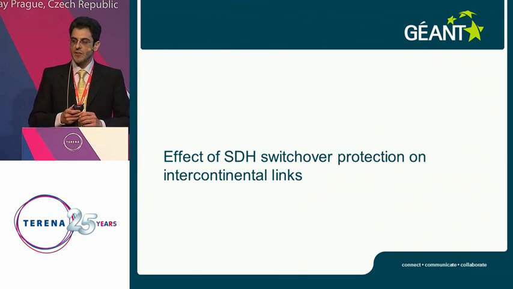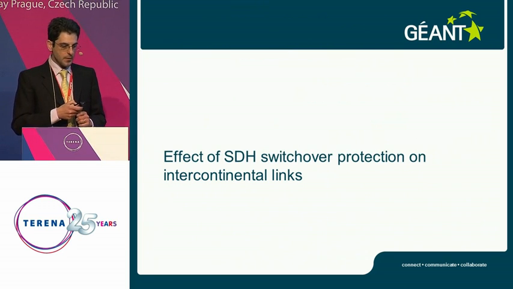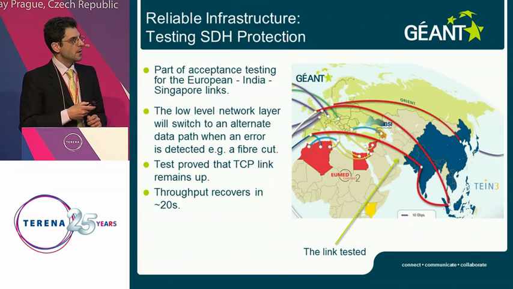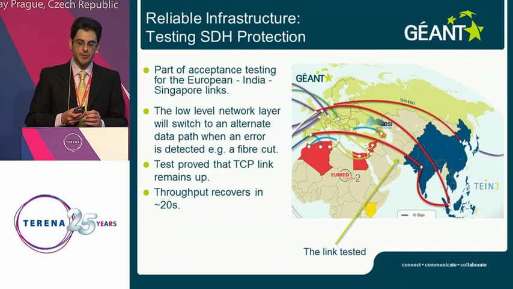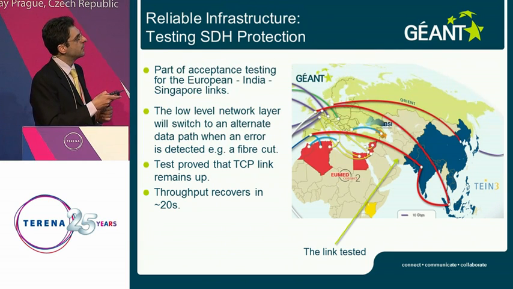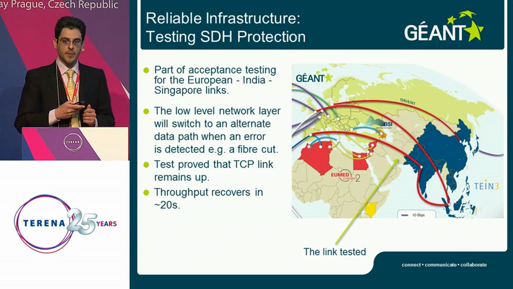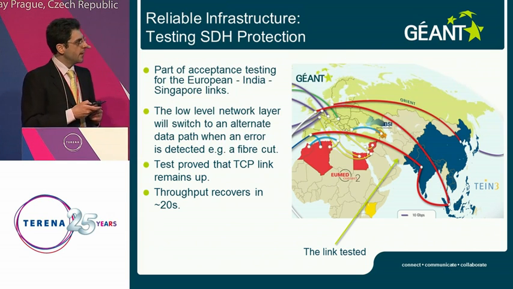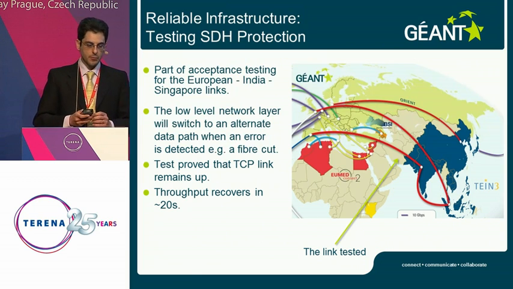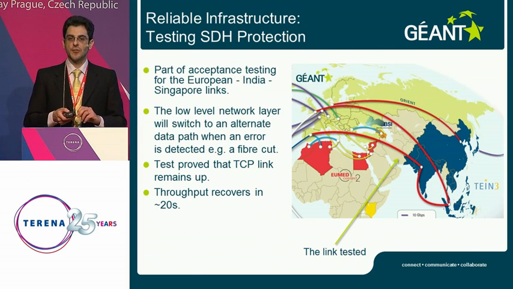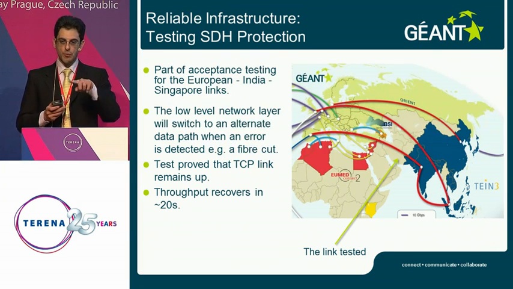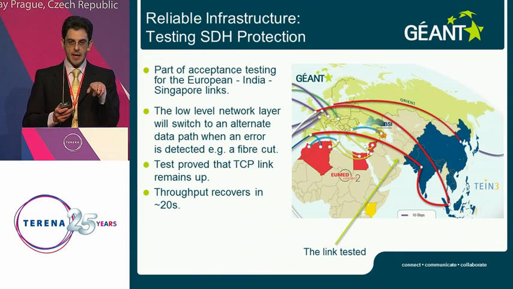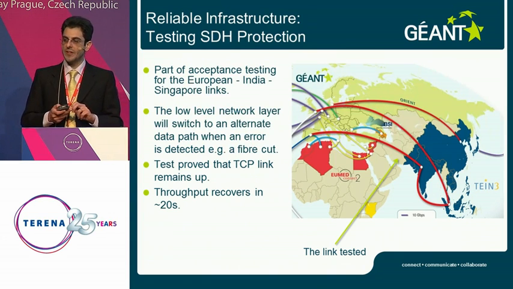Another example happened something like 15 months ago when we, as a part of the acceptance test for a link between Europe and Singapore going via Mumbai, India, had a problem to solve: trying to understand what was the effect, from the actual user point of view, of low-level optical switchover that was happening every time a fiber cut was detected.